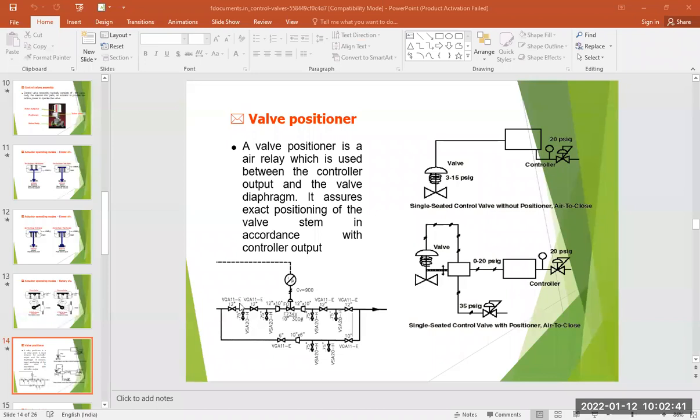So in this picture you can see basically a circuit diagram or line diagram. When you work in any industry, you have to see this type of diagram again and again. These are basically the layout diagram of any valve positioner or valve actuator system.